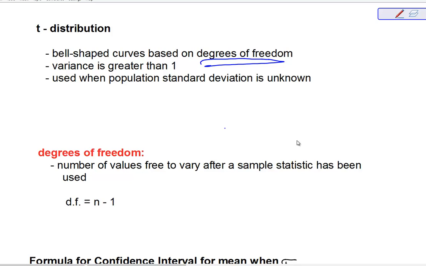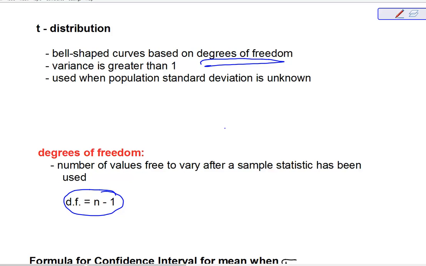And we're going to use this formula right here. Degrees of freedom is equal to n minus 1. If you recall back when we discussed finding the standard deviation and the variance for a sample, instead of dividing by the capital N, the total population, we divided by n minus 1. Well, that n minus 1 is the number of degrees of freedom.